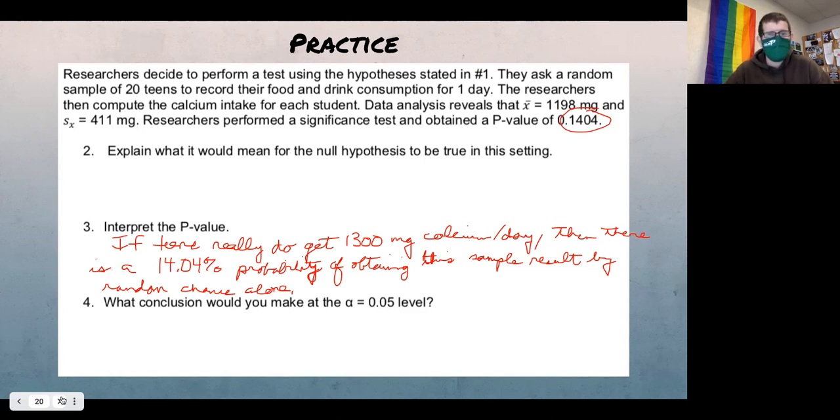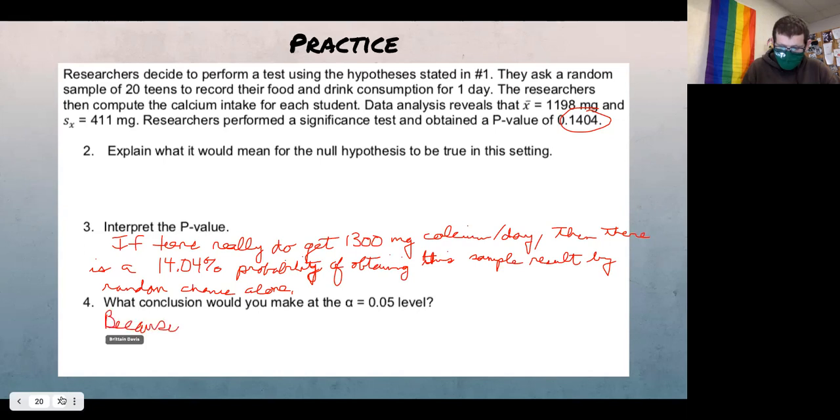Well, we can answer the next question now. What conclusion would we make at the alpha level or significance level of 0.05? Do we reject or fail to reject the null hypothesis? We fail to reject the null hypothesis. Okay, so we can say something to this effect.